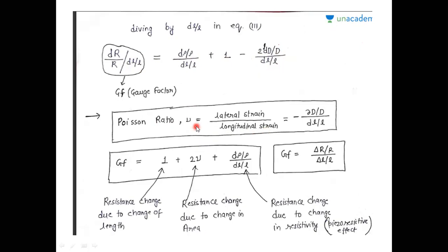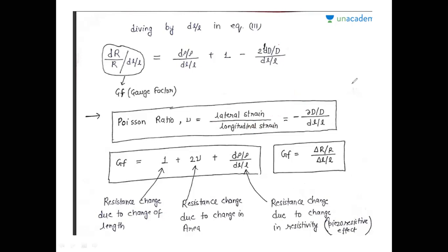See here, Poisson's ratio is given as lateral strain by longitudinal strain. So what do you mean by lateral strain? Change in dimension laterally, meaning diameter-wise. So dou d by d.